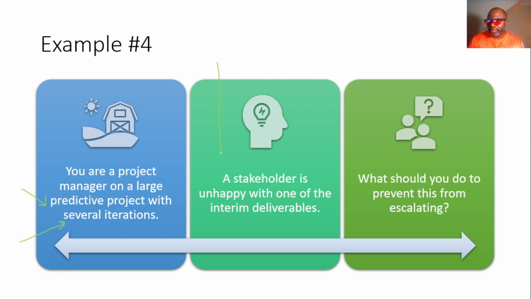And then, what should you do to prevent this from escalating? That's the big question. How do I prevent this from escalating? The word prevent is kind of big. So you got to do everything you can.